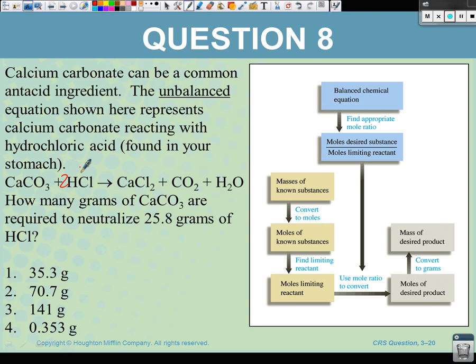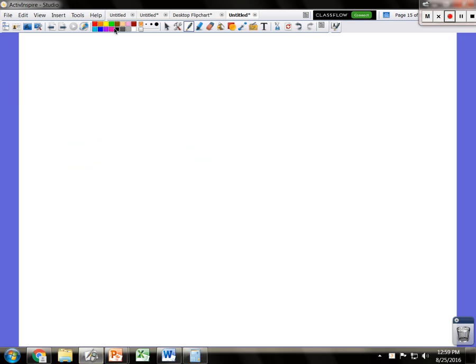After you did the stoichiometry, what did you guys come up with? Anybody disagree with that? Do you want to see it? You did gram to gram. Do y'all want me to show it to you? All right. It's 25.8, right? So 25.8 grams of HCl.